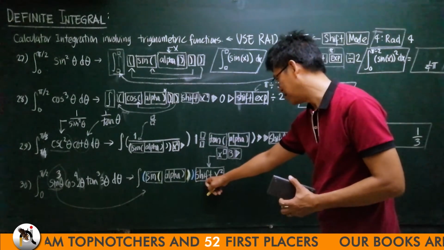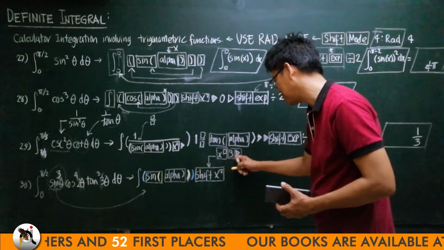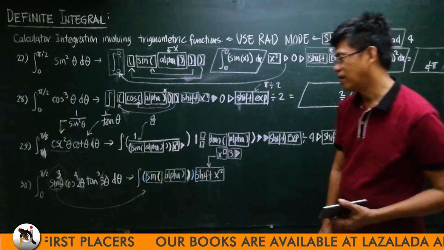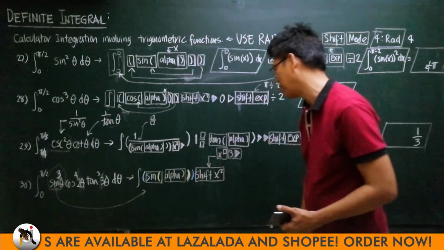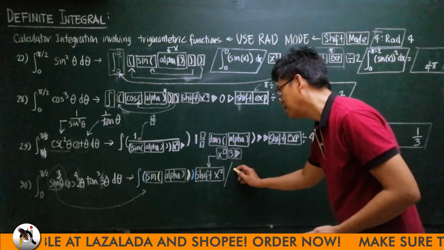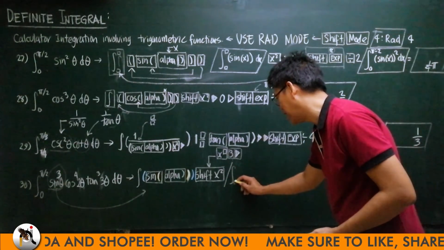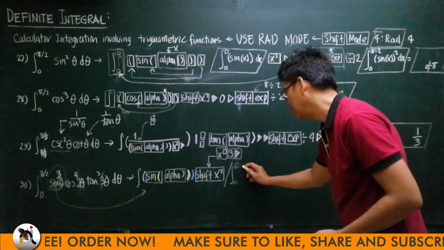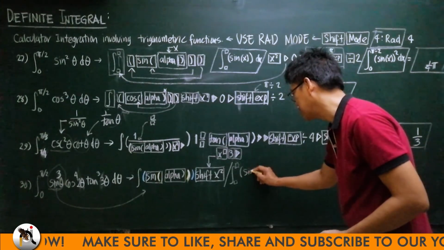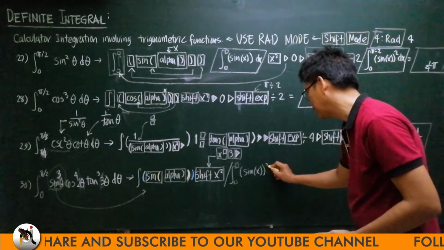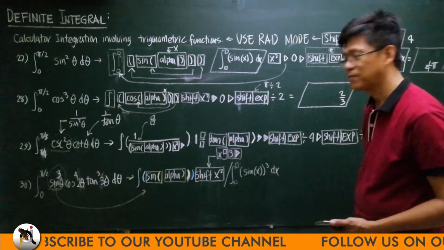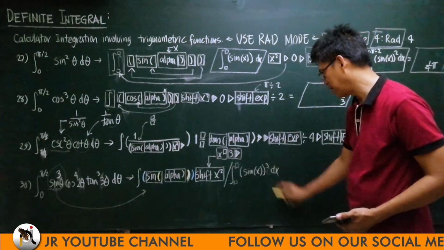So this one is 2 strokes, this is 3 strokes. Okay? So by this time, what is displayed on your calculator is integral blank to blank of open parenthesis sine alpha x quantity cube dx. Your cursor is here. Okay?